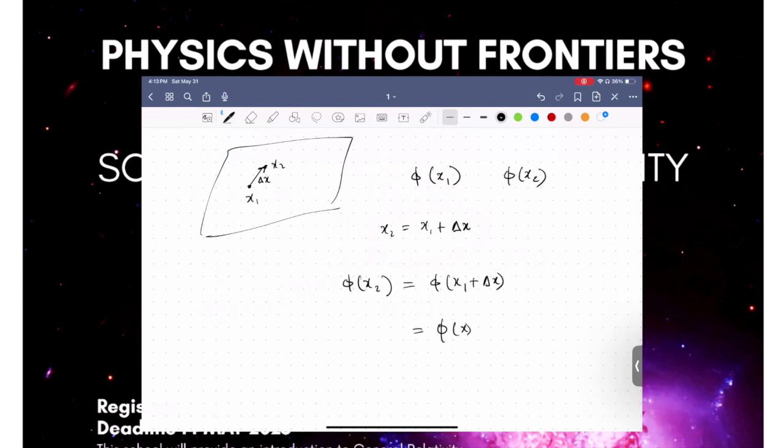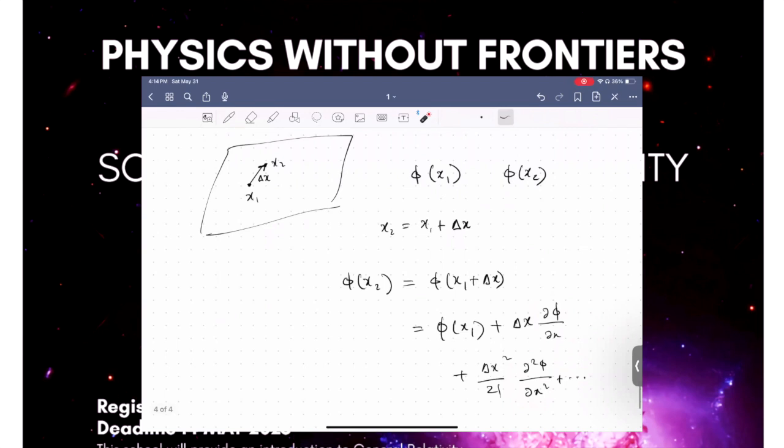Now we can use Taylor expansion, right? So it's phi(x1) plus delta x times del phi del x plus higher derivative terms, delta x squared by 2 factorial, and so on and so forth. Once you can take one derivative, you can take multiple derivatives. That's not a problem.